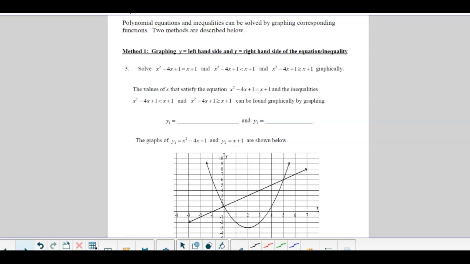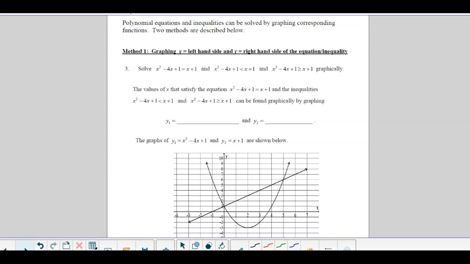The other method is rewriting the equation or inequality so one side is 0. So that's just rearranging your graph. You're going to decide which you like better, okay? Usually we'll probably end up doing the second method. Well, for sure when you're doing it algebraically, you would do this. Graphically, totally up to you, okay?